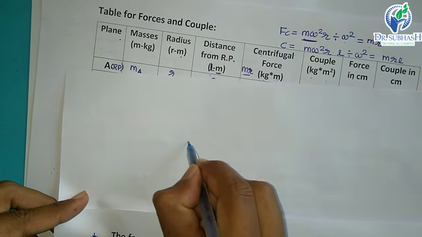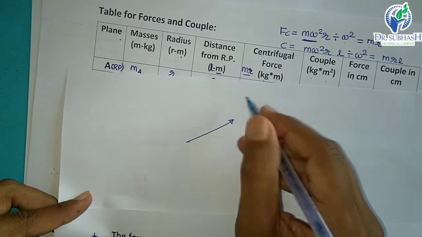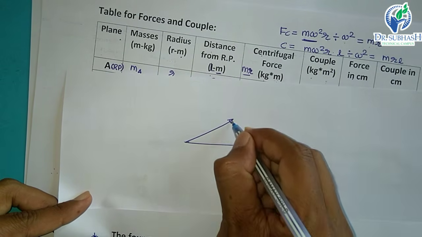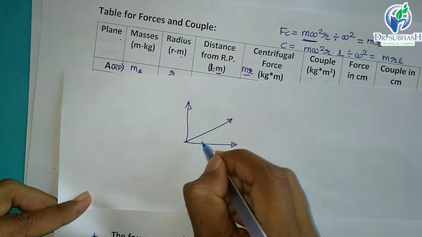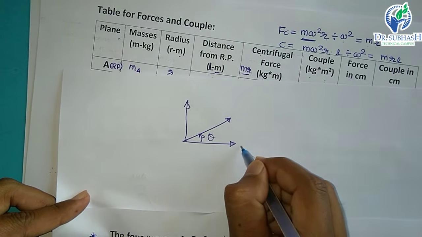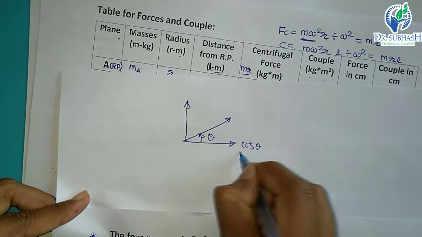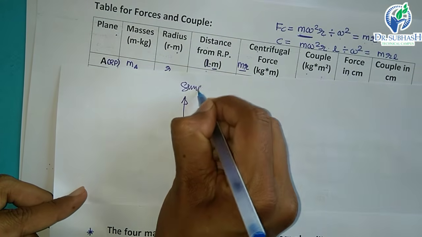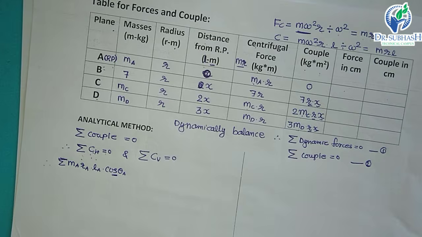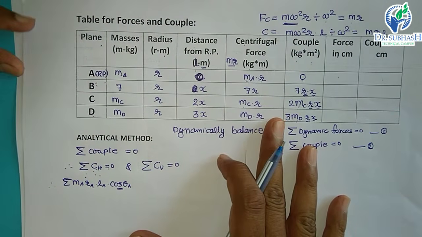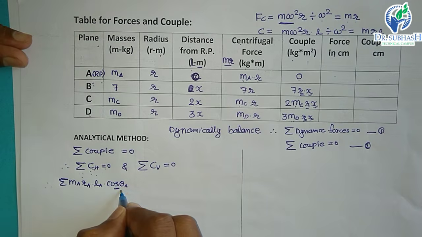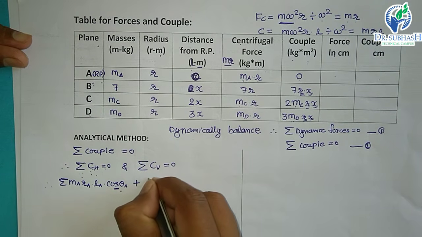If this is our couple vector, then the couple vector always has two components, one horizontal and another vertical. Suppose this angle is theta, then the horizontal component has the value with cos theta, and the vertical component has the value with sin theta. That's why we have written cos theta A.